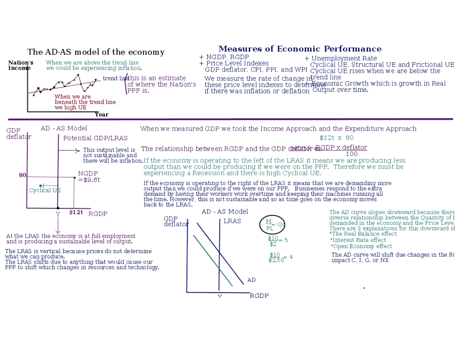So we're going to have a new AD curve. Maybe the government decided to cut back on spending. They decided it was too much spending. We had to cut back. All right. So the AD curve shifts to the left.